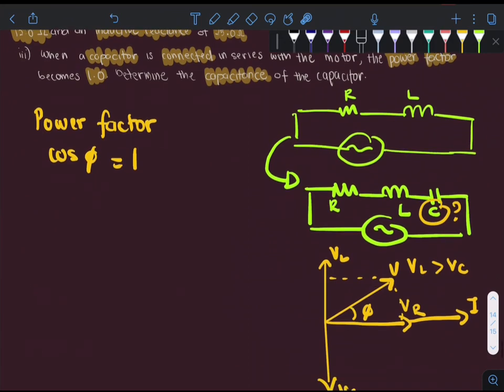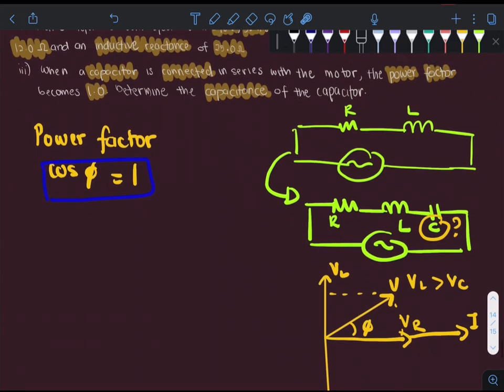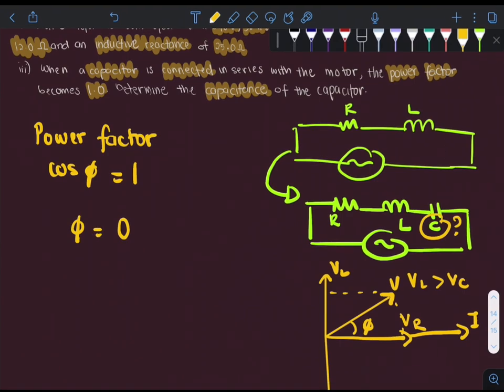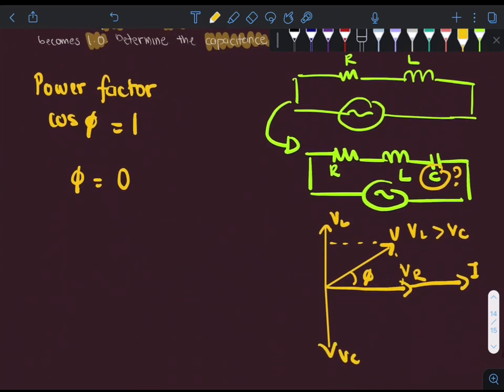However, when the question states that the cos phi is equal to 1, this indicates that the phi here is equal to 0. The angle here is equal to 0, which indirectly tells us that according to this phasor diagram, for the phi to become 0, the V net should be in phase with the current.